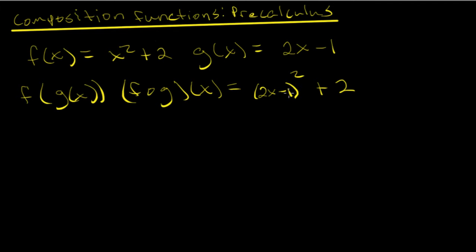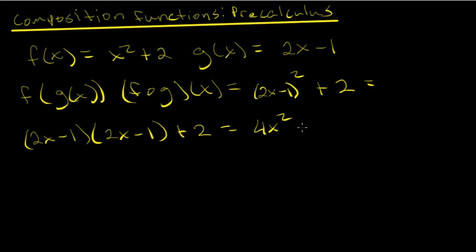So if we were to fill this out, we'll have 2x minus 1 times 2x minus 1 plus 2, and this would be 4x squared minus 2x minus 2x plus 1 plus 2.